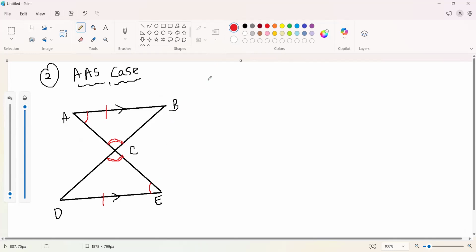If you consider that one, what is the ABC triangle and what is the other one? DEC triangle. What can you write? Firstly, angle BAC equals angle DEC. It's what?